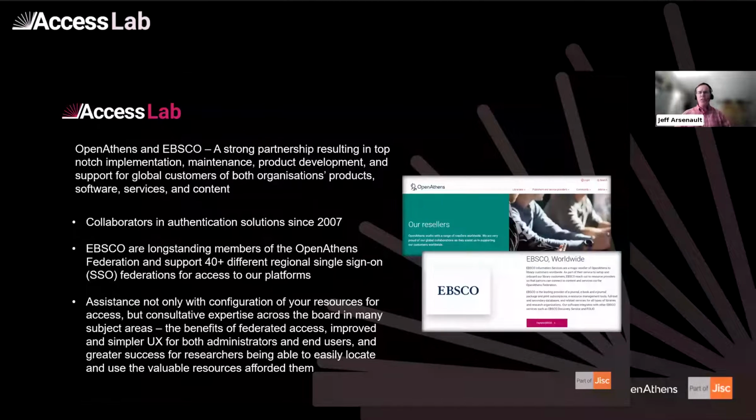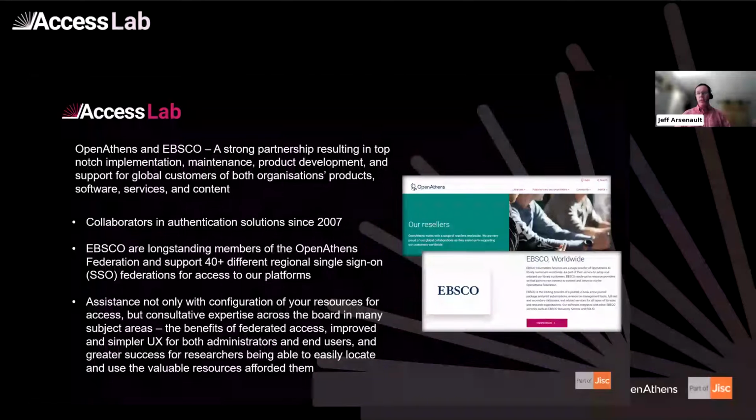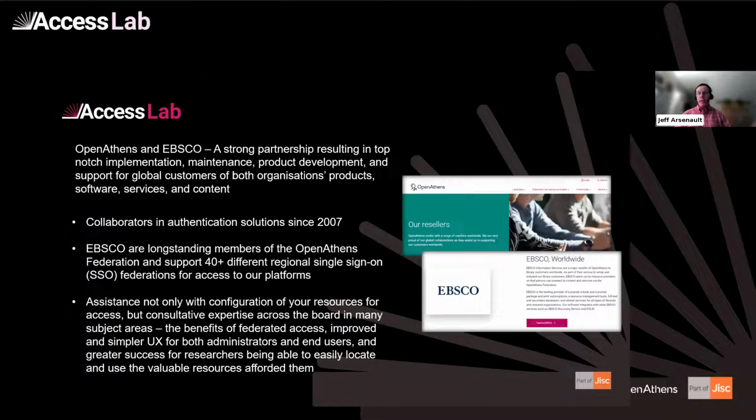In the last few years, really, federated single sign-on has taken on a lot more import. Anecdotally, that's the way that we feel, through a lot of the efforts of OpenAthens and other federations that are out there. At EBSCO, we're also a content provider, so we are members and support over two-thirds of the federations around the world.